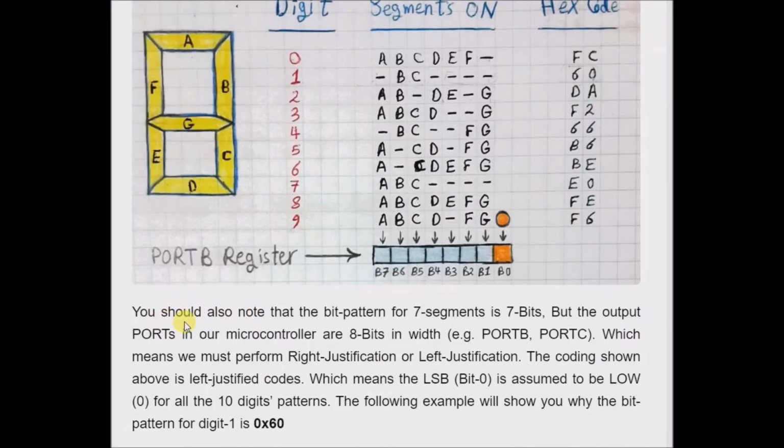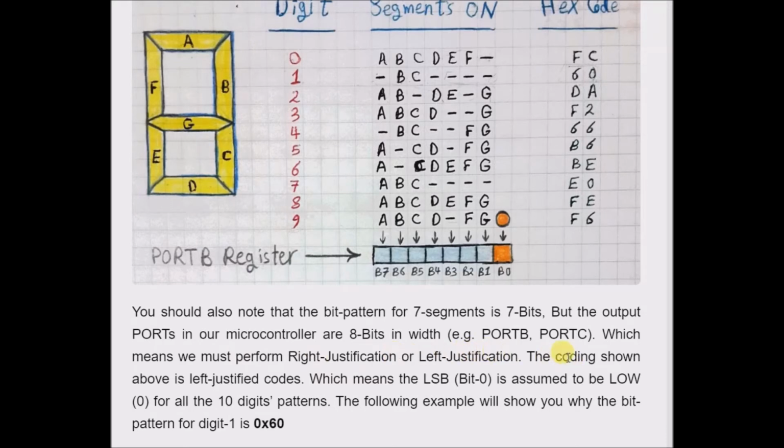You should also note that the bit pattern for 7 segments is 7 bits, but the output ports in our controller are 8 bits in width. Example, port B, port C, which means we must perform right justification or left justification.